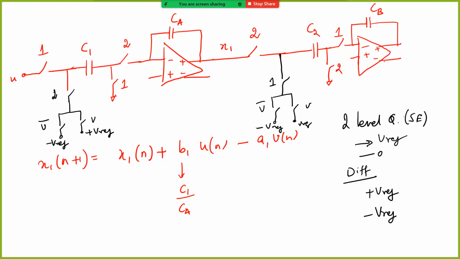Similar thing happens on the negative side as well. This is basically going to go to a clocked comparator where the clock is the complement of φ2.